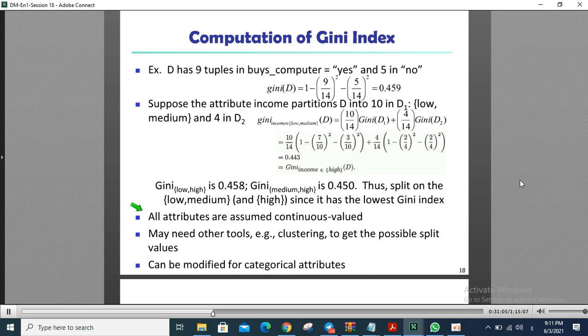But in the CART strategy or CART classifier, because of using the Gini index, it cannot work with continuous valued attributes.